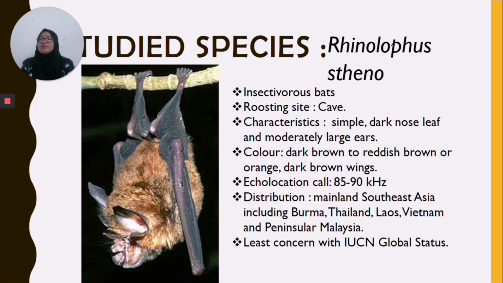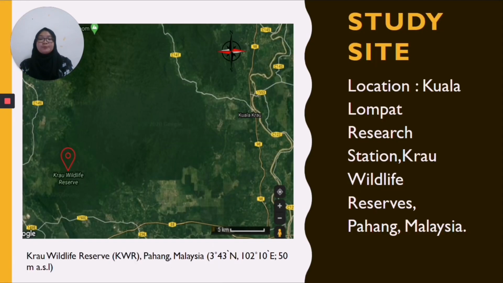But according to Soba et al. 2003, the length of the forearm is approximately in the range of 41 to 47.5 mm. The population of Rhinolophus stheno is stable, with least concern IUCN global status.